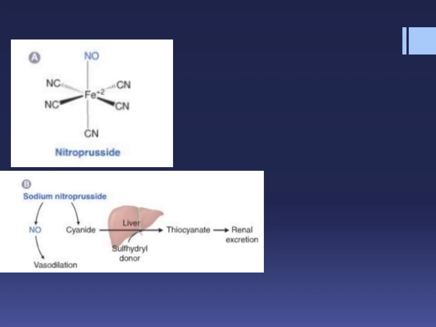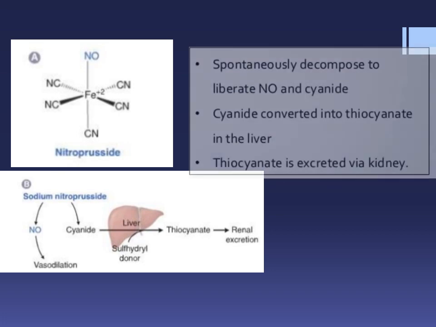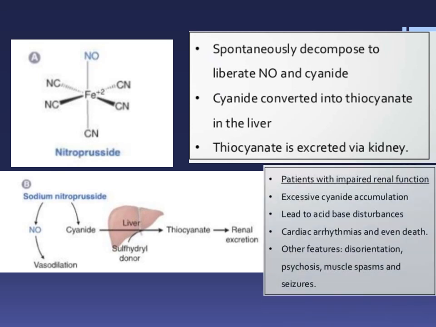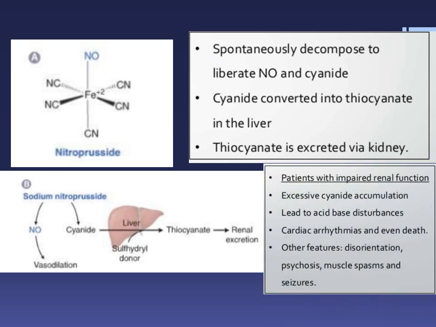Thiocyanate is excreted through the kidneys, but if kidney function is impaired, there is a chance of accumulation of thiocyanate. Thiocyanate is toxic. It can lead to acid-base imbalance and cardiac arrhythmias, and as we just discussed, disorientation, psychosis, muscle spasm, and seizures.